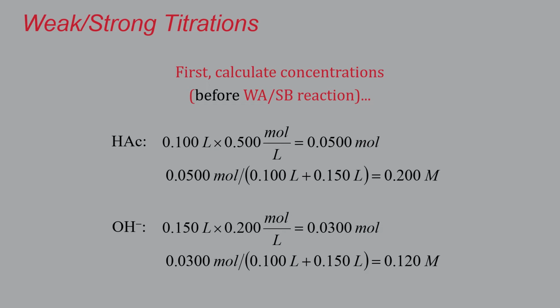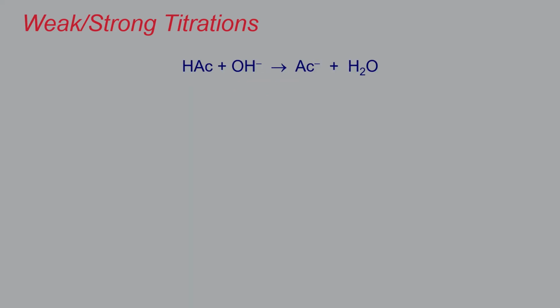Remember that this is fairly hypothetical because you can't mix them and not make them react, but for calculating these numbers, it is a legitimate thing to do. So here is our stoichiometric reaction: the acetic acid reacts with the added hydroxide to form acetate and water.